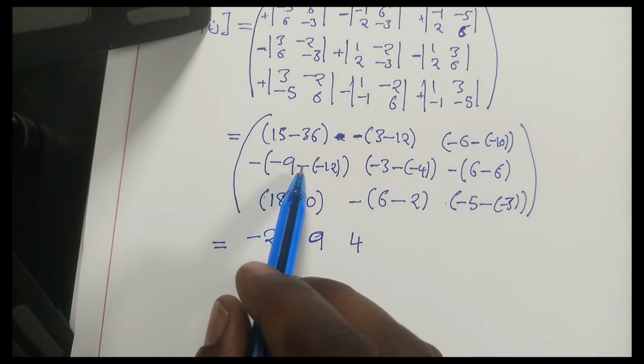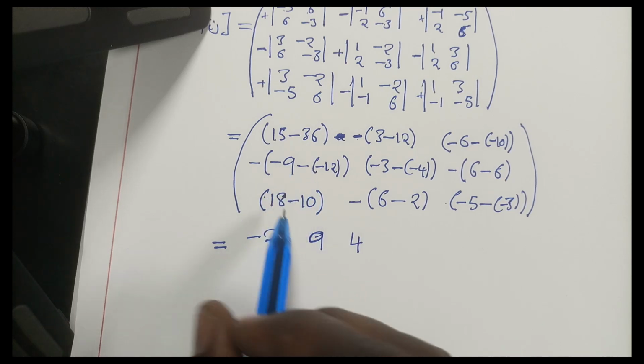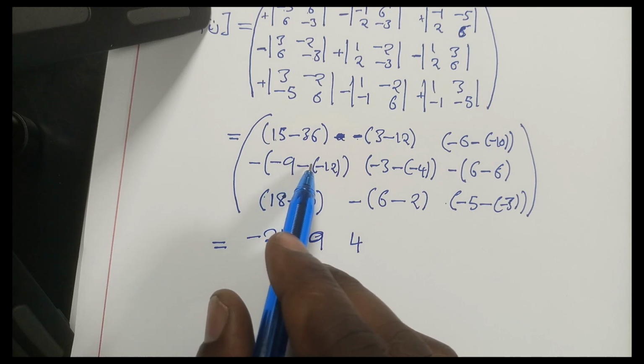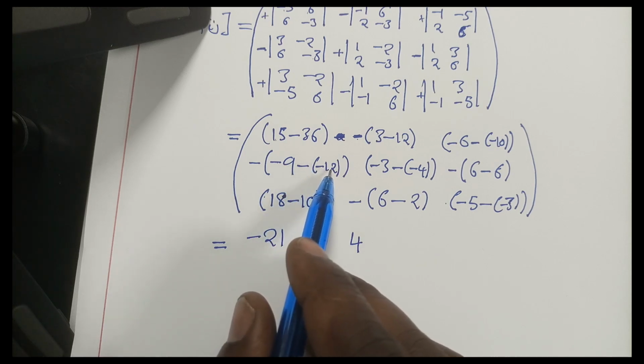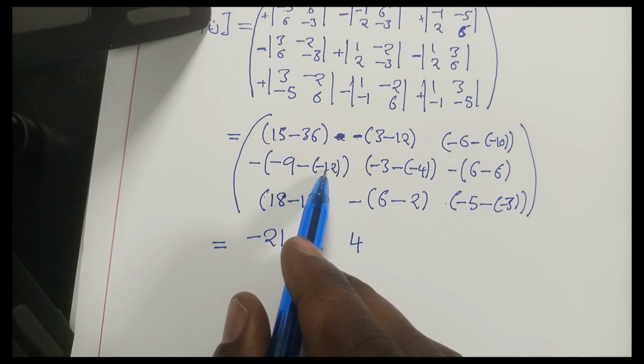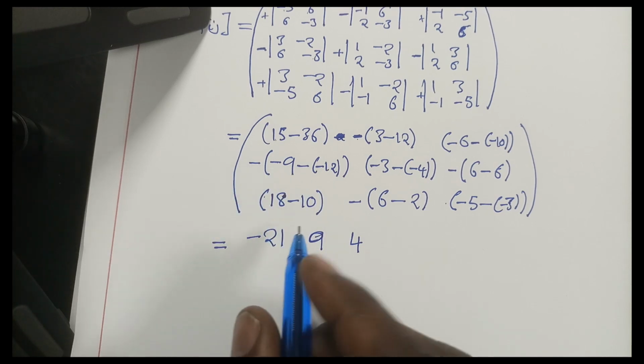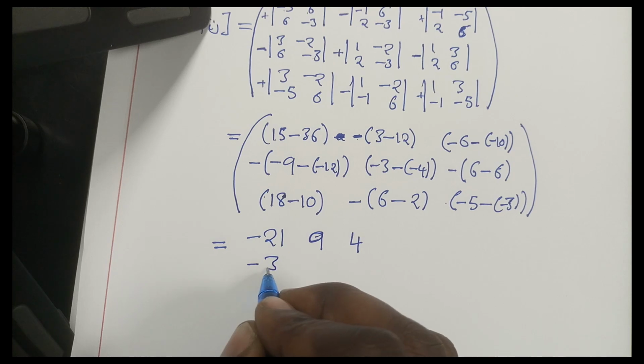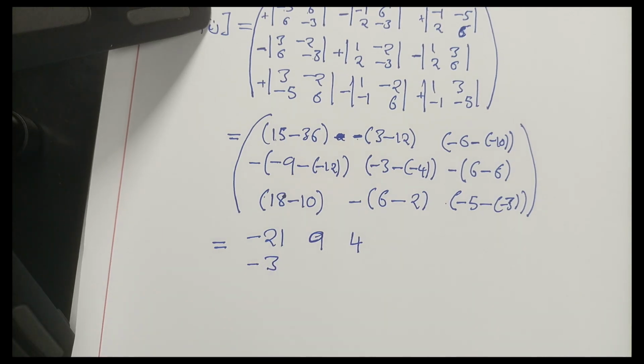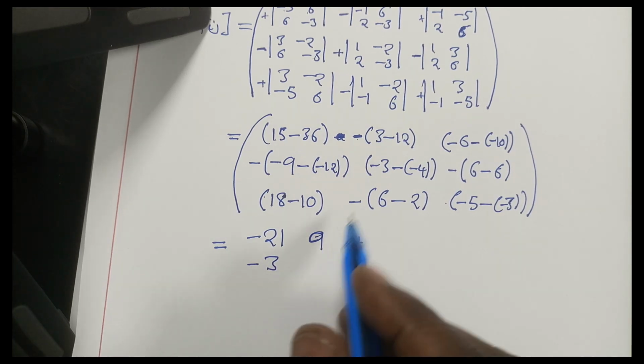Then here negative times negative positive, so negative 3 plus 12 is going to give you a 3 times this negative, get a negative 3 there. Okay, again you continue for this one.